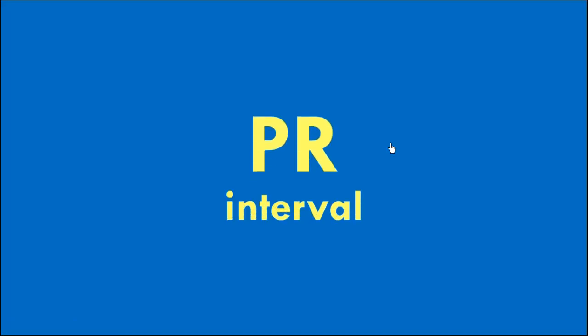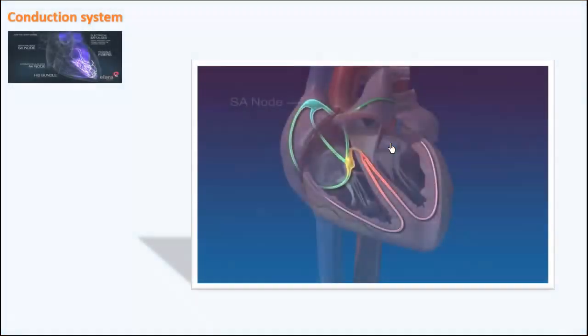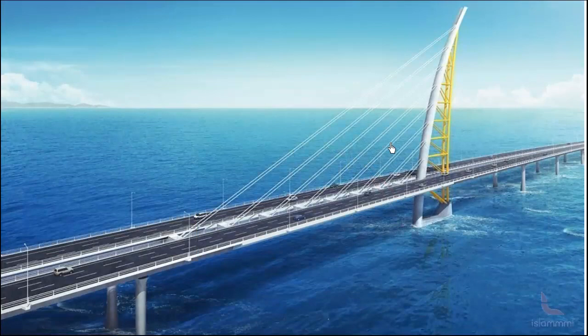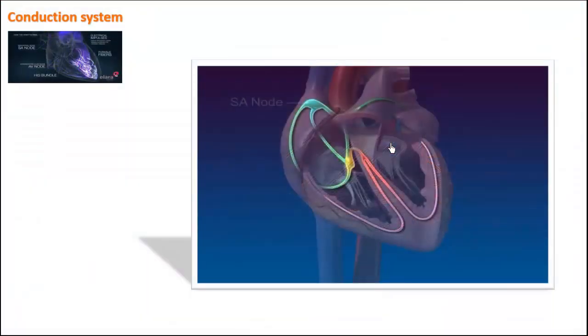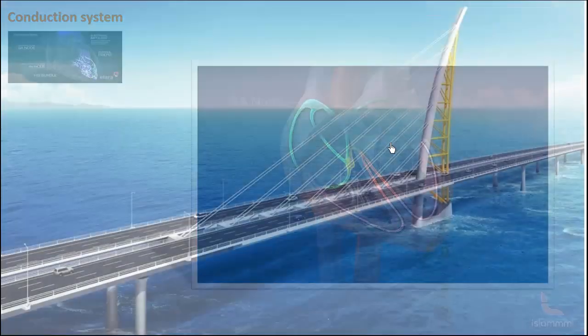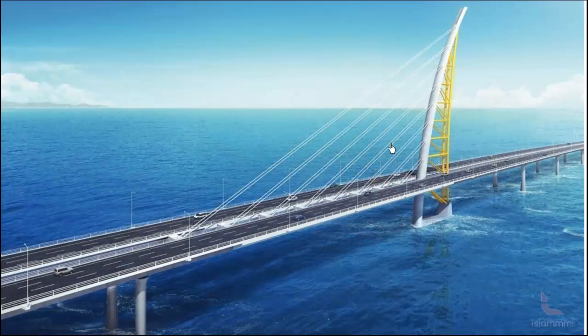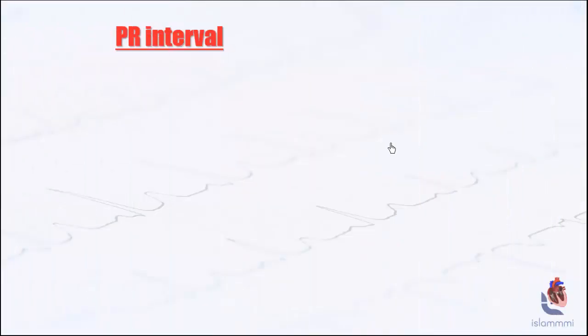So the PR interval is very, very important. As we said before, the impulse comes from the SA node to the AV node. And this is like a bridge, like Jaber Bridge, for example. The car has to move from the beginning of the bridge to the end in a slow way. It's not a highway, so it's a little bit slower.